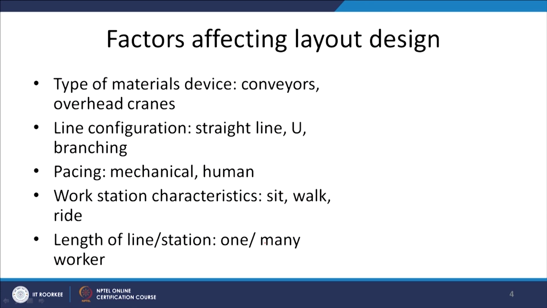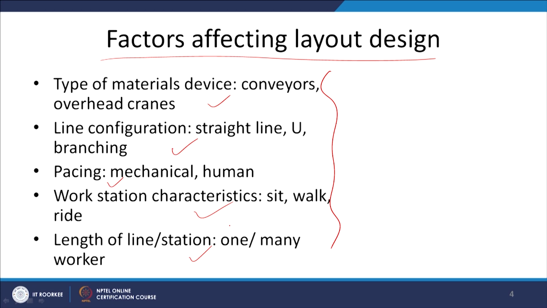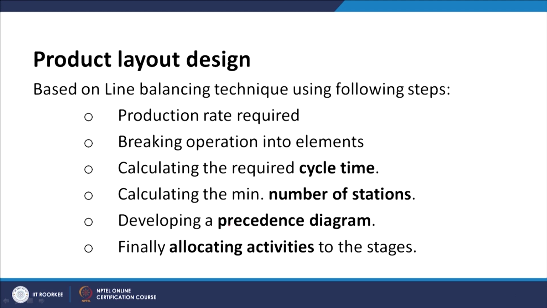About this I have already talked, like how we can understand the different kinds of product layout designs depending upon the facilities which are being used to move the material, the kind of material handling device, the configuration of the line, the way by which material is moved, the station characteristics, and the length of the line or the station where we are deploying either one or a number of persons.